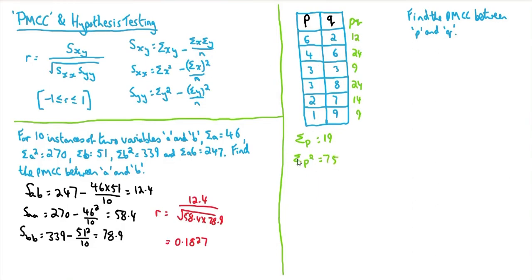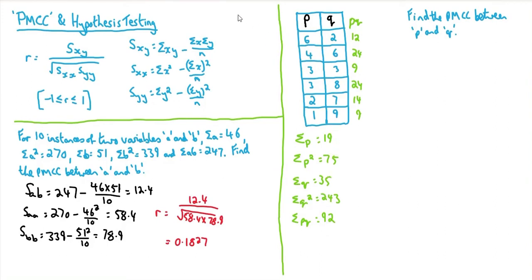So then do the same with the Q's, so the sum of Q just in general, so 2 add 6, add 3, and so forth, that should be 35. The sum of Q squared, so 4 add 36, add 9, that's going to be 243, and then the sum of those PQ values here, so 12 add 24, add 9, so forth, that gets you 92.